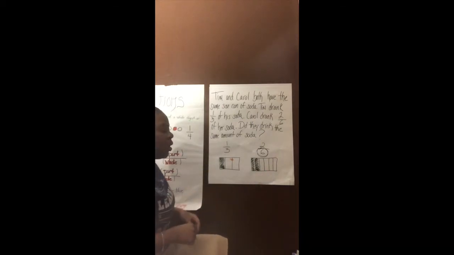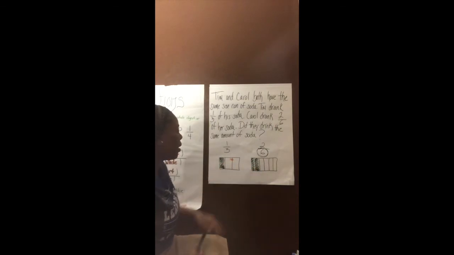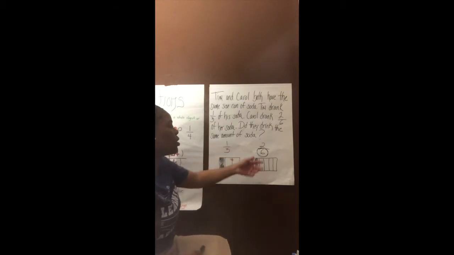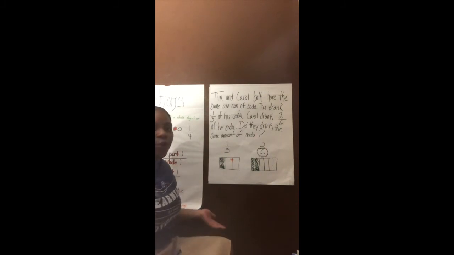Now, as you can take a look at the model, you can see that 1/3 and 2/6 both take up the same amount of space in both of their fraction models. So, like last week we learned that 1/3 and 2/6 are equivalent fractions, which takes us right into our lesson of this week, that equivalent fractions may have different numerators and denominators. Let's create equivalent fractions using fraction models with different numerators and or denominators.